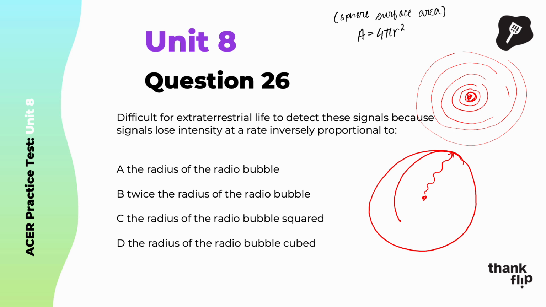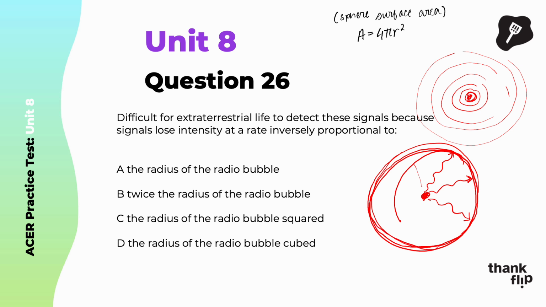And so if this was a 2D circle, then the rate at which the signals lose intensity would be inversely proportional to the radius in terms of the surface area or the circumference of this circle, right? Because the signals that are concentrated here, they're going all the way out and spreading across this circumference.